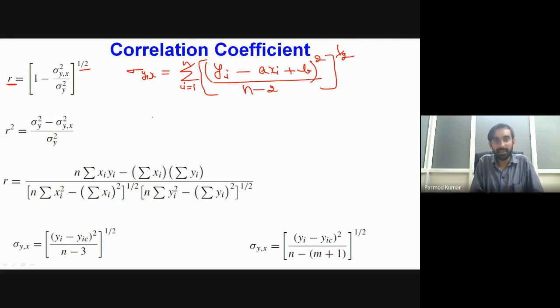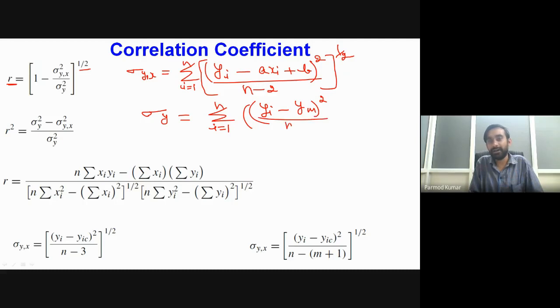And sigma_y is the standard error in the data set of y, which we define as the summation, i varies from 1 to n, of (yi minus ym) whole squared, divided by (n minus 1), whole power 1/2.